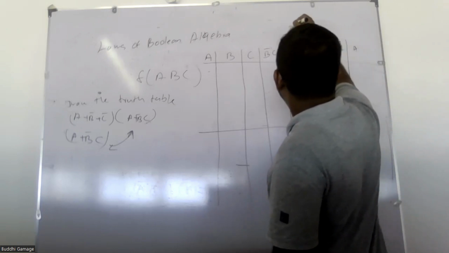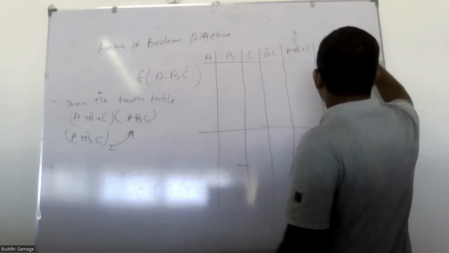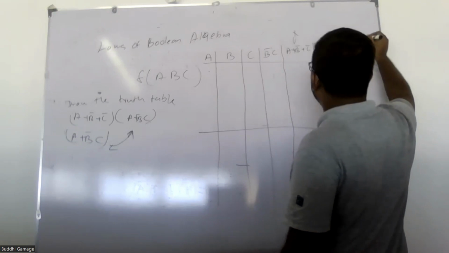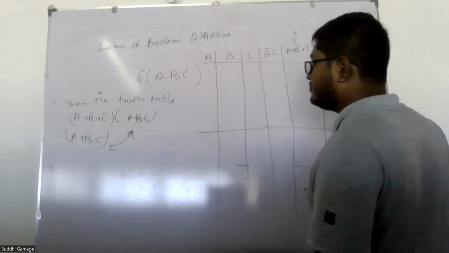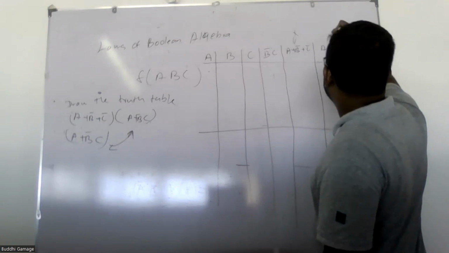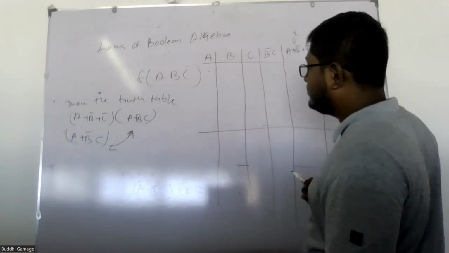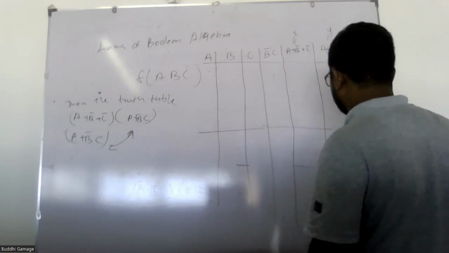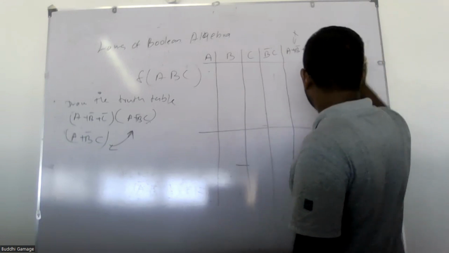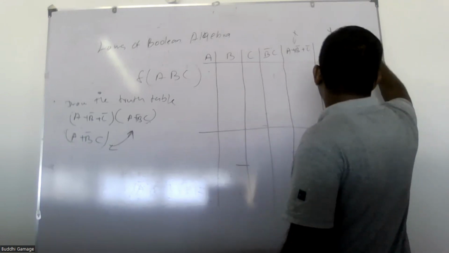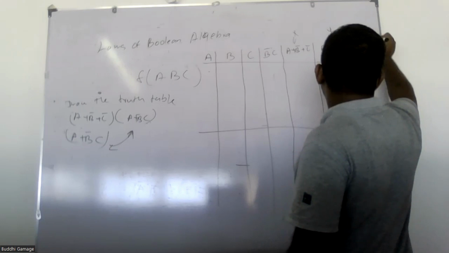Let's say this is x, A plus B bar, and this is y, then it is x into y.